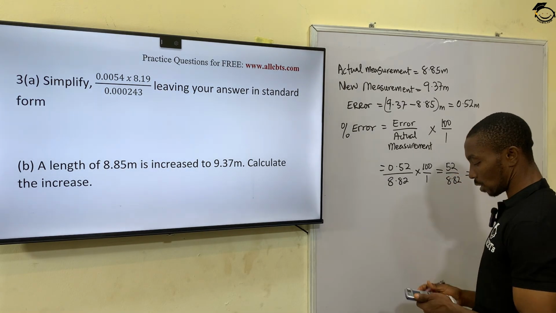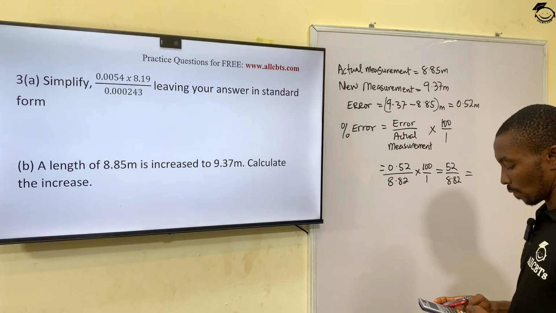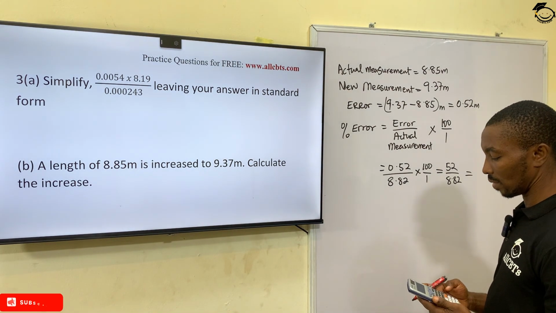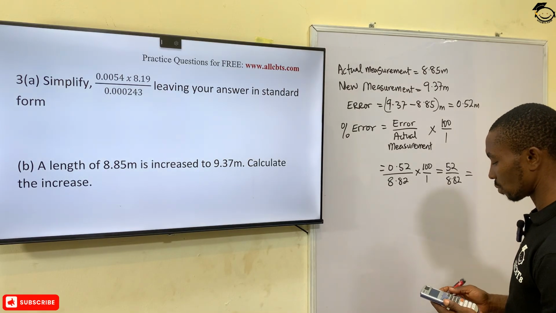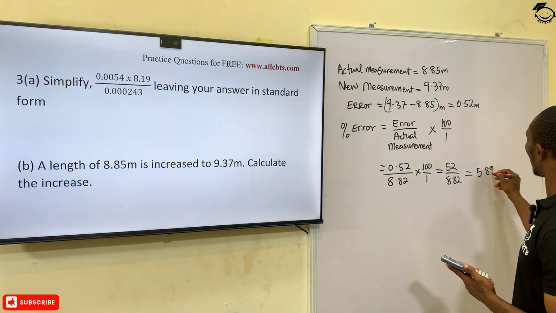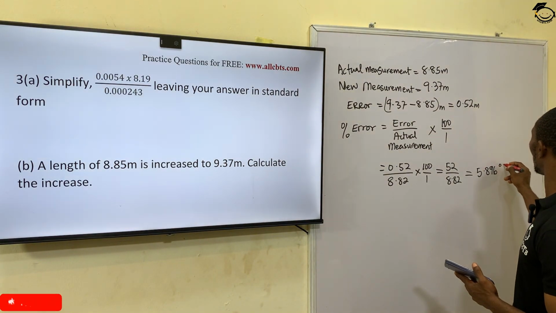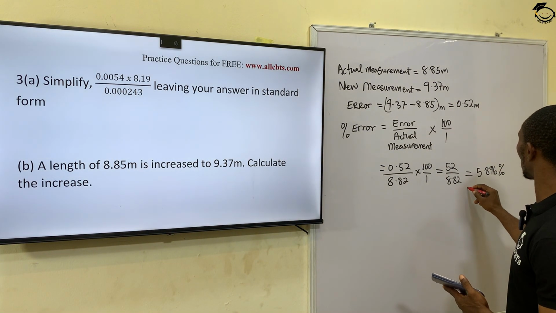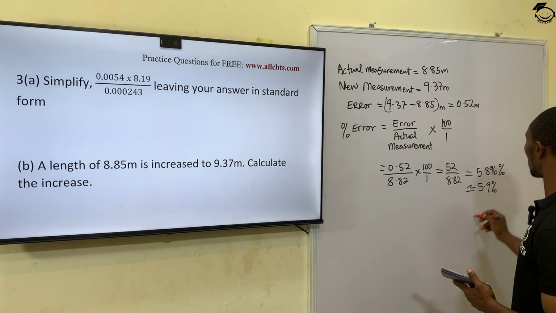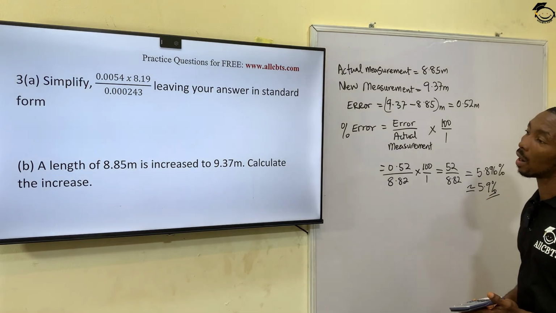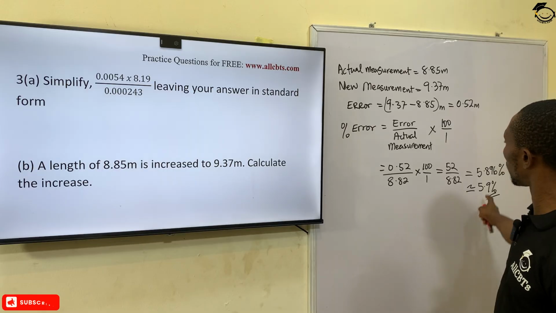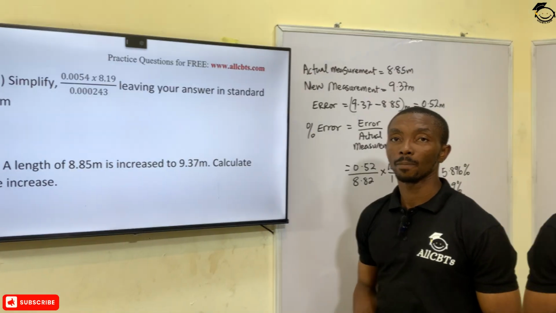Now, 52 divided by 8.85 gives us 5.896%, which approximately will be 5.9%. So our percentage increase would be 5.9%.